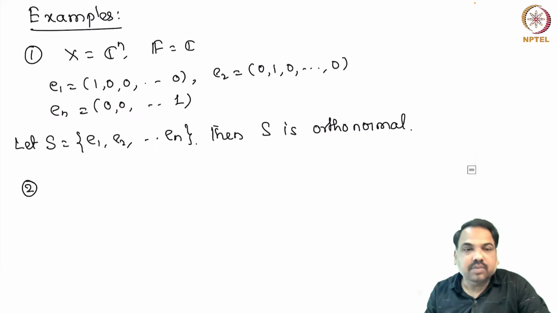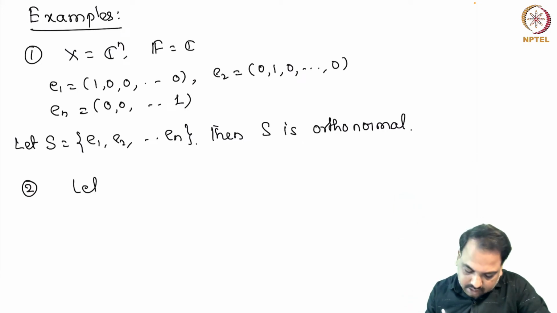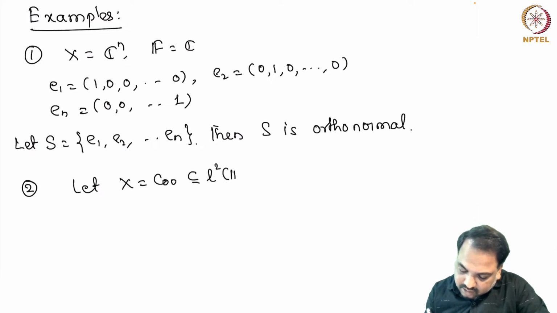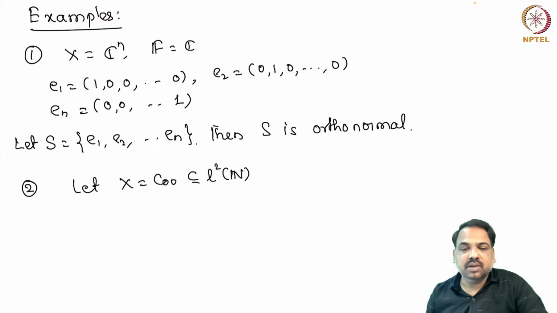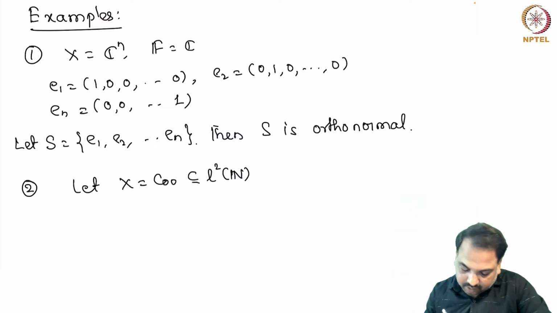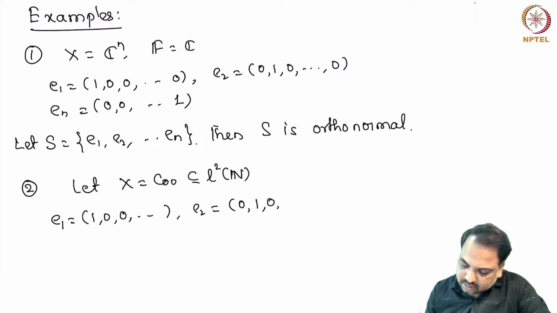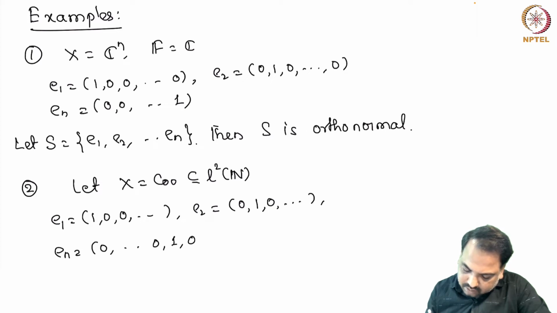Let us look at one more example. Let us take X to be the C00 space which we have defined earlier. You know that this is a subset of l2 of N, and the inner product on C00 is the inner product coming from l2 of N. Now let us take e1 as 1, 0, 0, e2 as 0, 1, 0, and so on. In general en is 0, 0, 1, 0, 0, and this is the nth place.